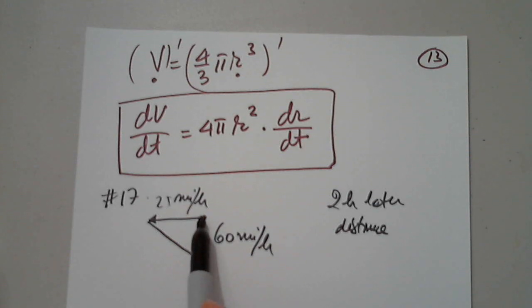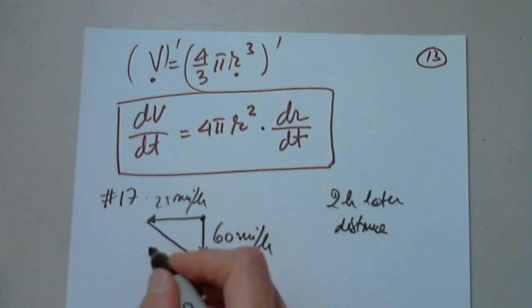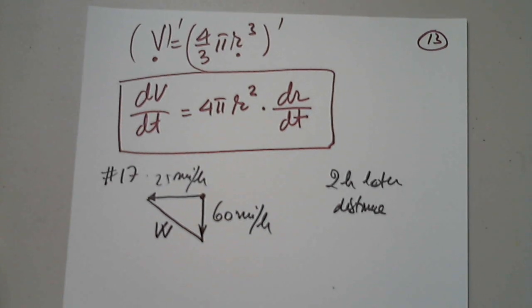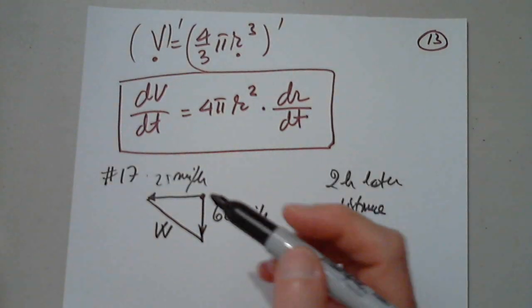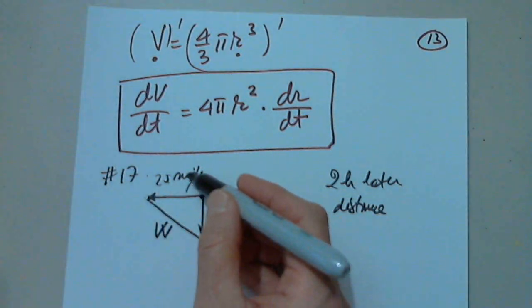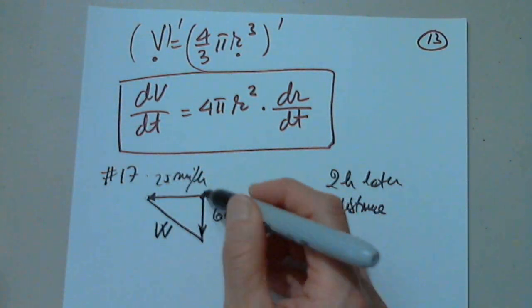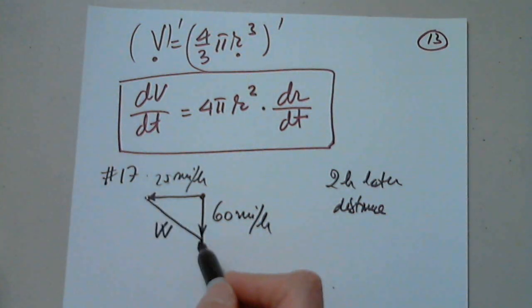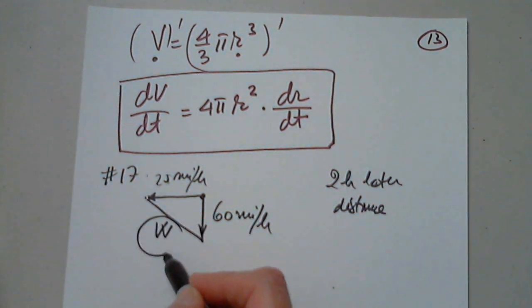This is for x, this is for y. I'm going to call this w. The first car, going west, drives at 25 and the one south at 60 miles an hour. But I'm really asked to determine the rate of change of this.